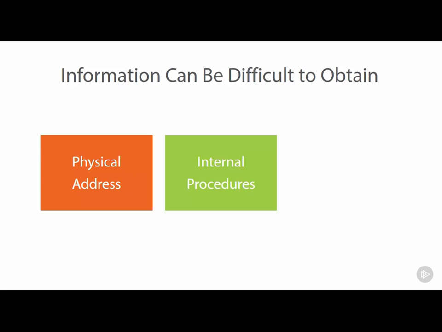Certain internal procedures can also be difficult to garner from the cloud provider, and they often don't want to disclose this information for a variety of reasons. Sometimes there's a competitive advantage in their particular processes. Other times they feel it may put some of their defenses at risk if they were to describe how these procedures work. In fact, that's often the rationale for not wanting to disclose certain security defenses.